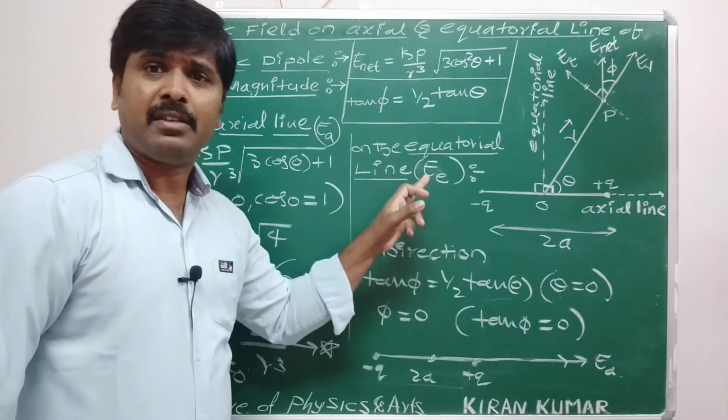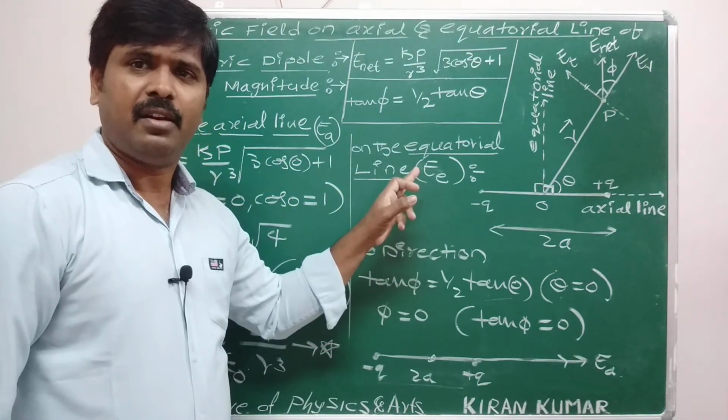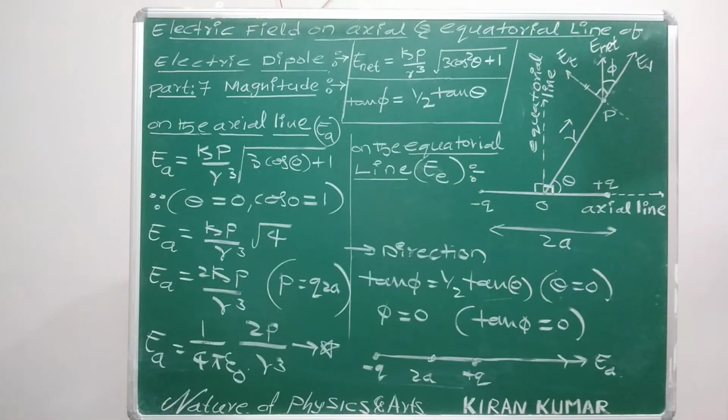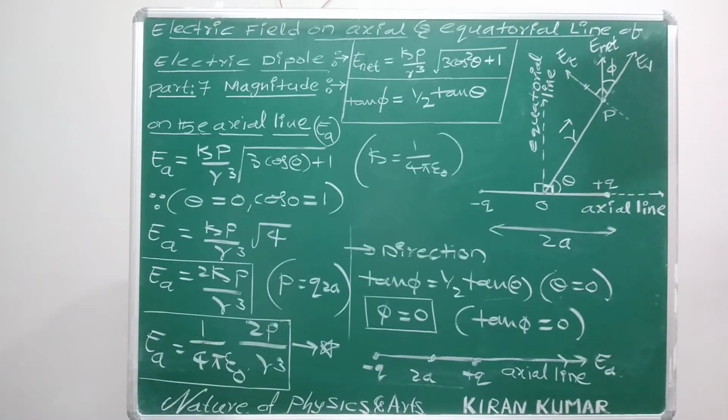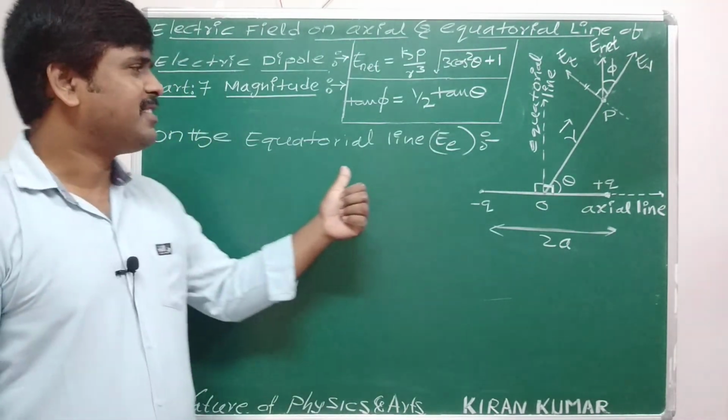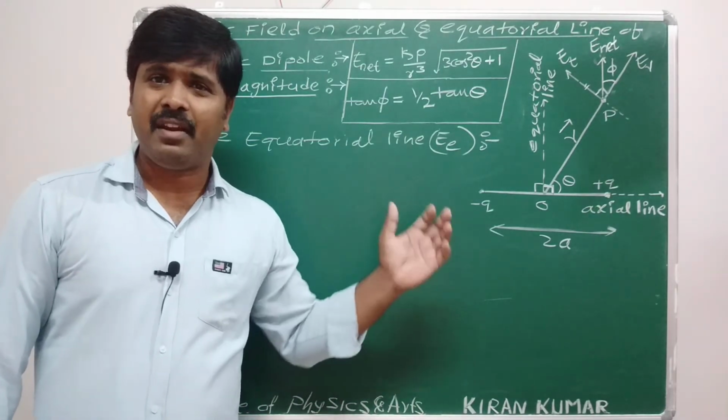So this is completely about the axial line. Next I will explain the equatorial line. The last one is the electric field intensity on the equatorial line, a very interesting topic.